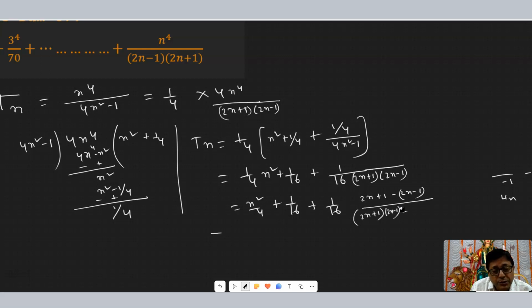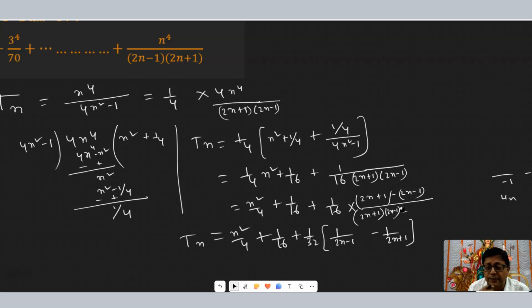Okay? So this you write n square by 4 plus, now separate. This you take inside. So it will be 1 by 2n minus 1. This is our Tn now.